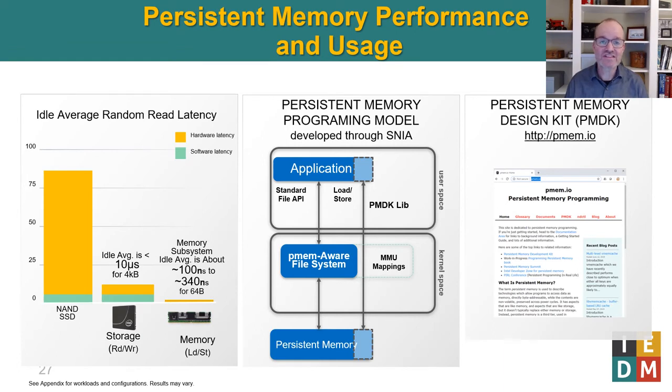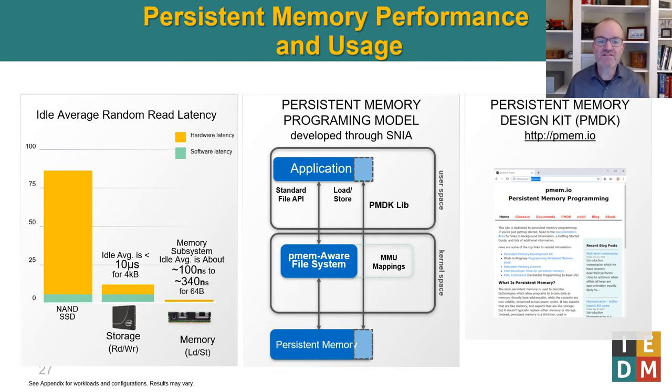In the center of this slide is a software stack diagram, much like the software stack diagram that I showed you when I was talking about the SSD, but in this case it's for persistent memory. Now when you use persistent memory, the first thing you would do at power-up is map some of that persistent memory with what's called a naming layer, a thin naming layer that a PMem-aware file system is used to understanding.